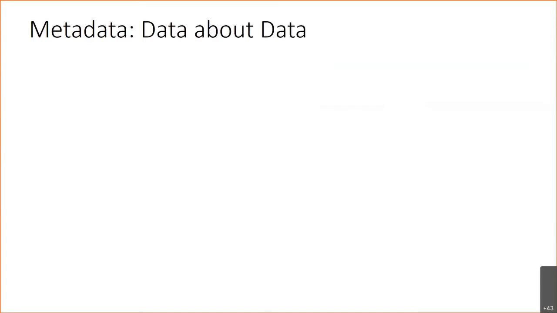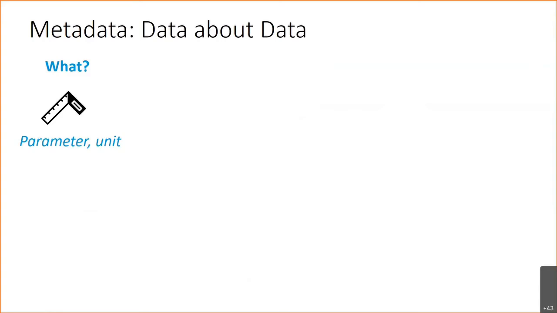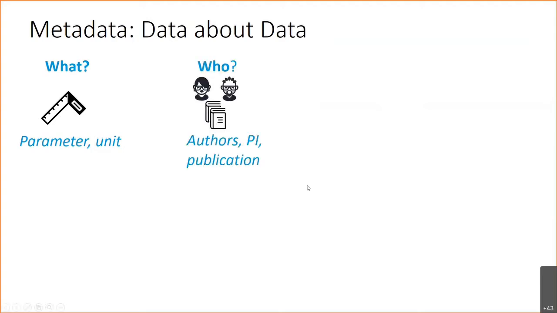I will be talking a lot about metadata today, so I just explain what I mean by that. Metadata are basically data describing your data. We are interested in what was measured, which is in our repository characterized by parameters and units. Who is behind the data?